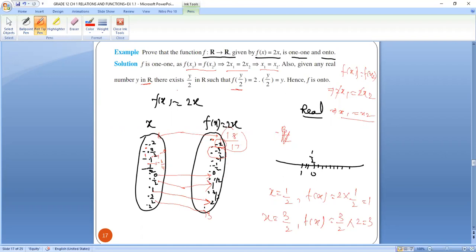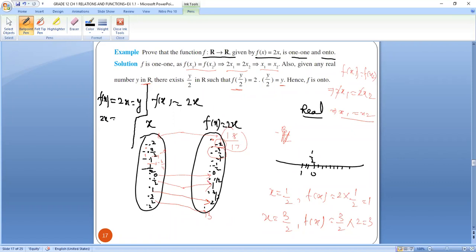Mathematically we have taken the example that for every y there exists y by 2 in R such that f of y by 2 is equal to 2 into y by 2, which is equal to y. How is it written? We are taking f of x is equal to 2x is equal to y, right? We are writing f of x is equal to y.